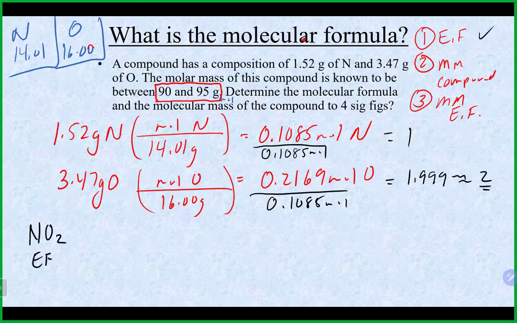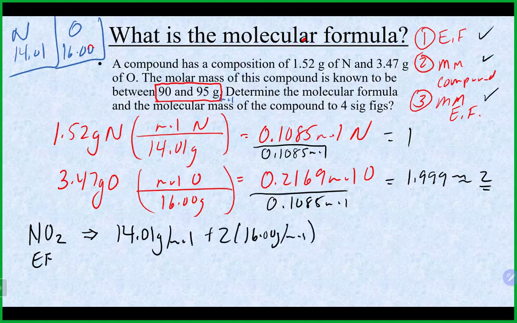Now that we have the empirical formula, we have the molar mass of the compound. Now we're ready to get the molar mass of our empirical formula. So the molar mass of this empirical formula: 14.01 for the 1 nitrogen, plus 2 times 16 for our 2 oxygens, 46.01 grams per mole.